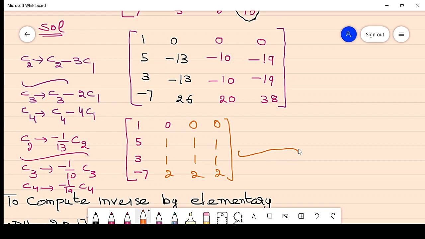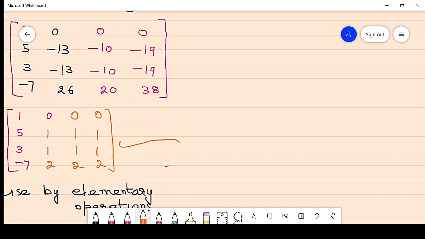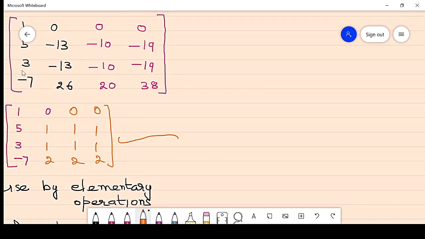Now again apply the operation. In this case, this term should be 1, and these two terms should be 0. To make them 0, we apply C3 as C3 minus C2, and C4 as C4 minus C2.